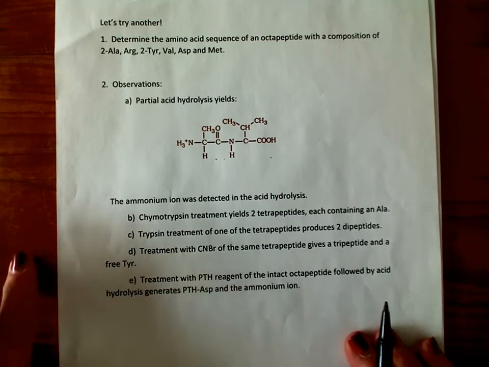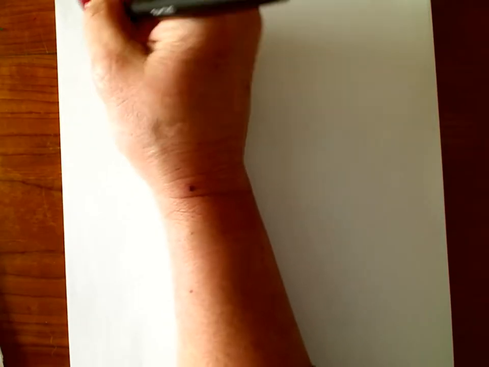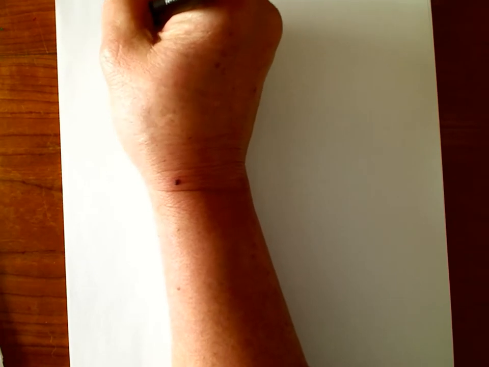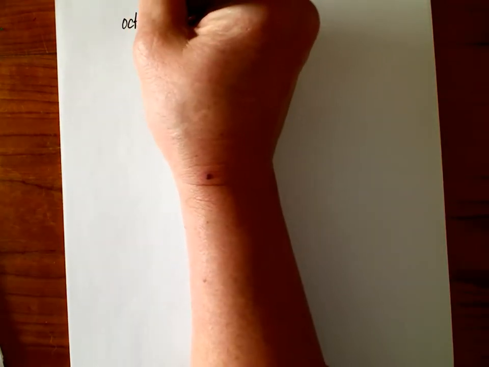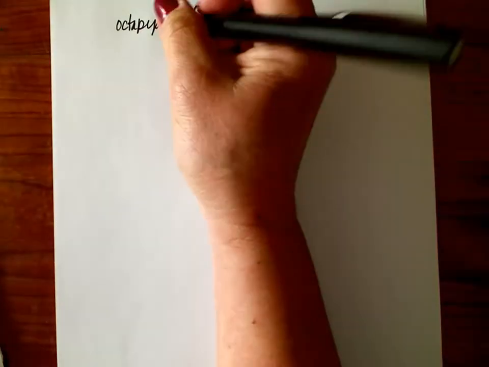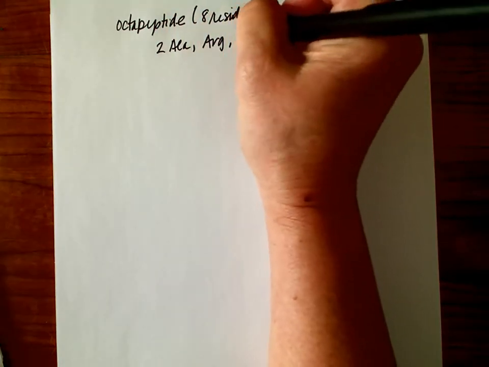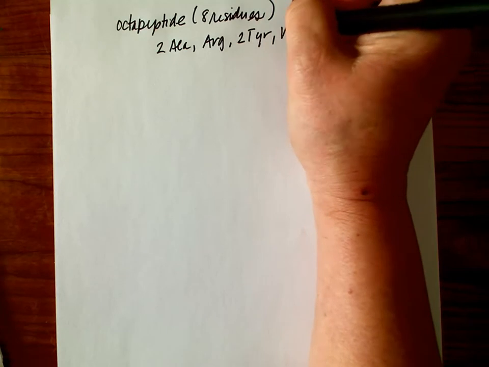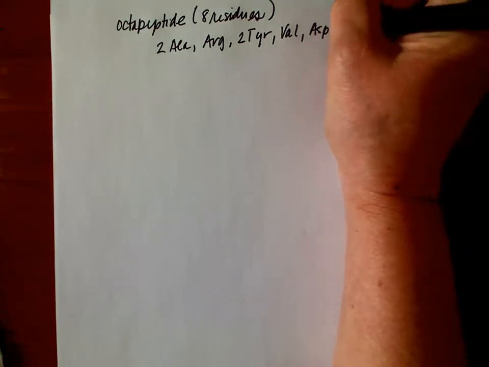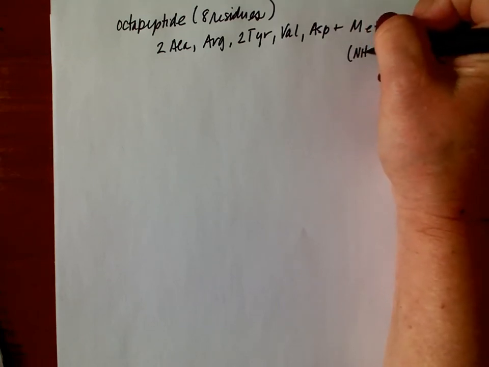So we have an octopeptide, which again is 8 residues. And we know we have 2 alanines, an arg, 2 tyrosines, valine, aspartate, and methionine. Also, we're told that the ammonium ion was detected, and we'll come back to that later.